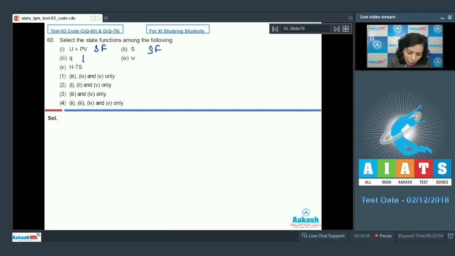Q is a path function, not the state function, it is a path function. And W is also the path function. Then H minus TS is also state function. So I have segregated the state function and the path function. On that basis, which answer is correct? Definitely option 2 is the correct option. And that's why answer for this question is option 2. Let's check the next question.